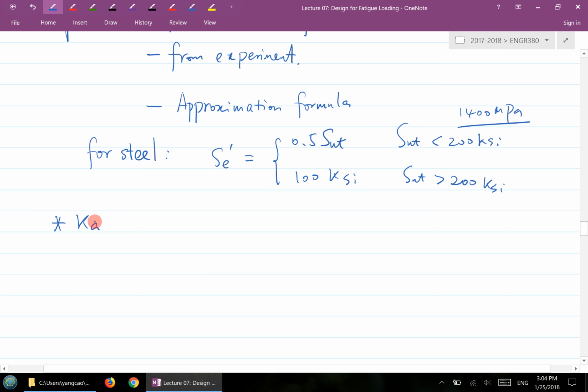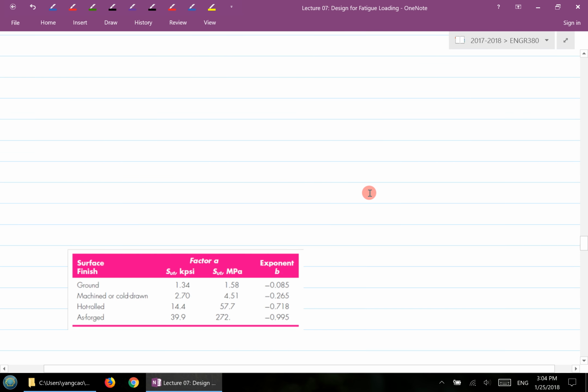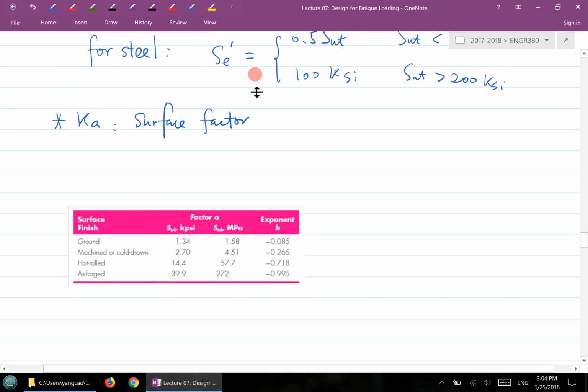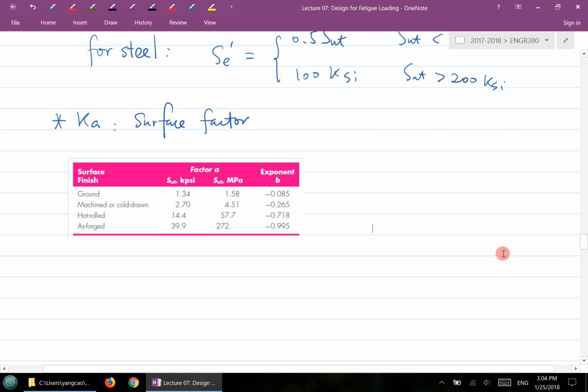The first factor is called the surface factor. This is Table 6-2 in our textbook.